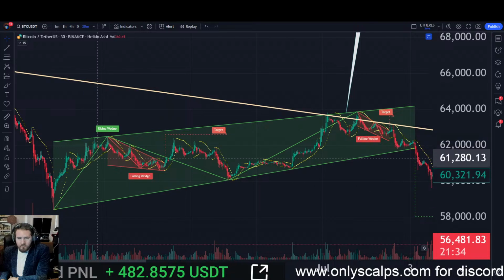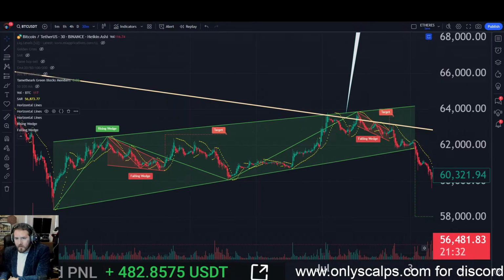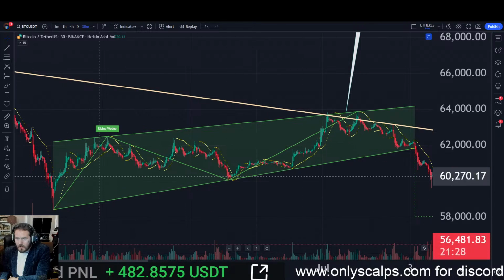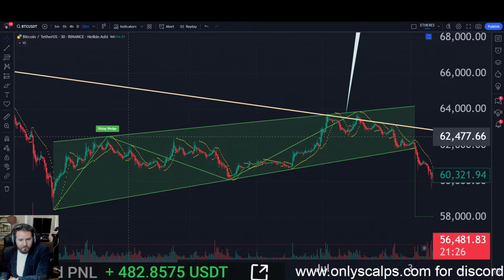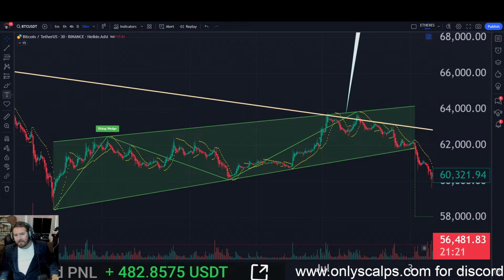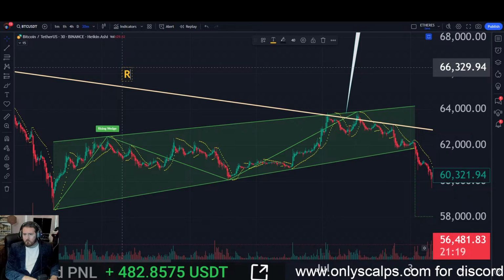This was a bigger rising wedge, so we're going to hide the falling wedge for a moment. I just want to talk about the rising wedge, because the rising wedge is a very bearish indicator, and it can play out very well. So let me add this on the chart for you guys. Rising wedge chart pattern. Very bearish.